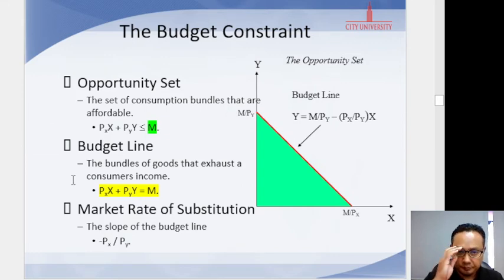That represents the market rate of substitution between goods X and Y. So to obtain a better understanding of the market rate of substitution between goods X and Y, we can see the budget line here.